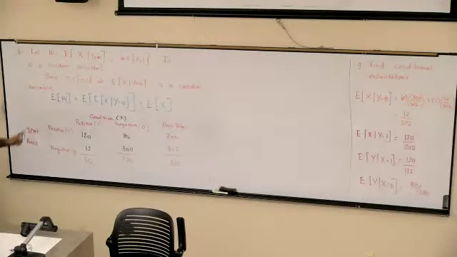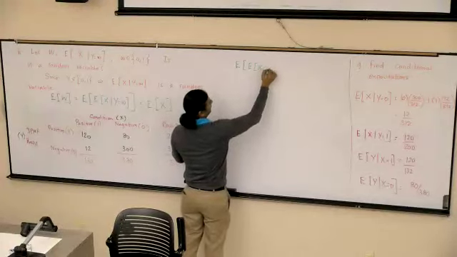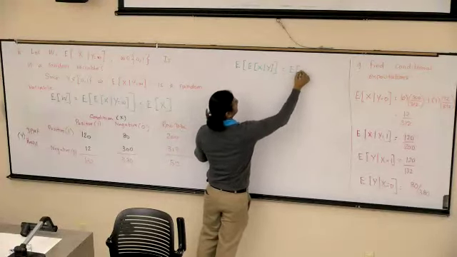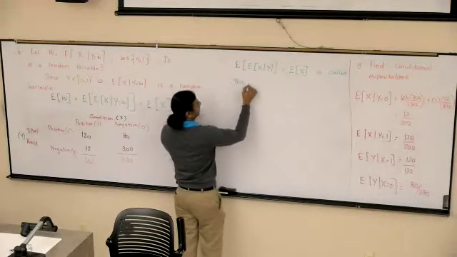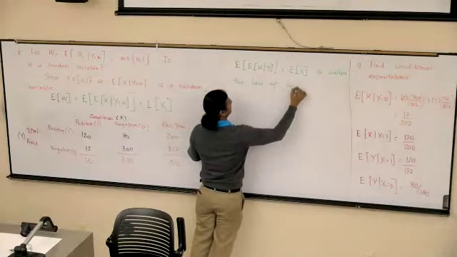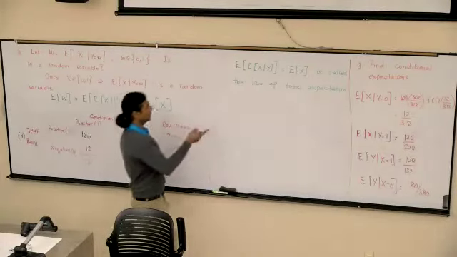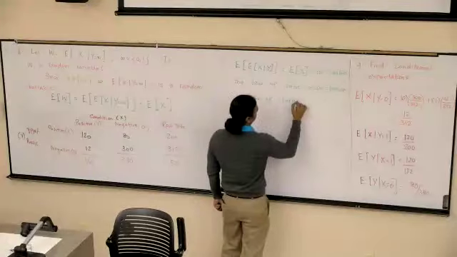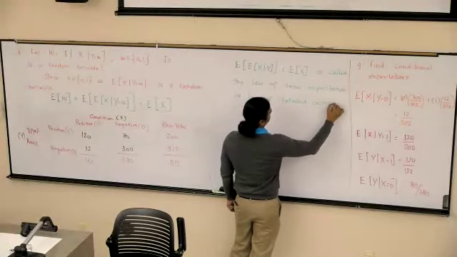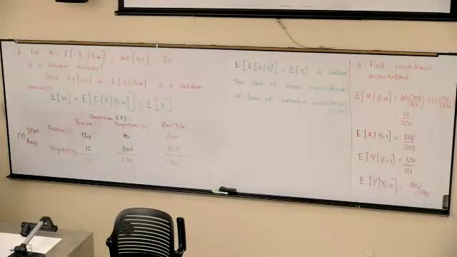And that's the condition where we say expectation of expectation of X given Y equals expectation of X. It's called the law of total expectation, LTE, or law of iterated expectation, LIE, one and the same.